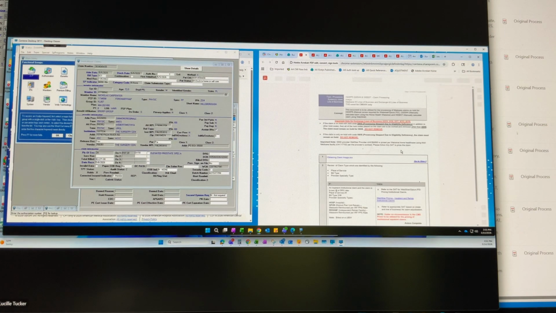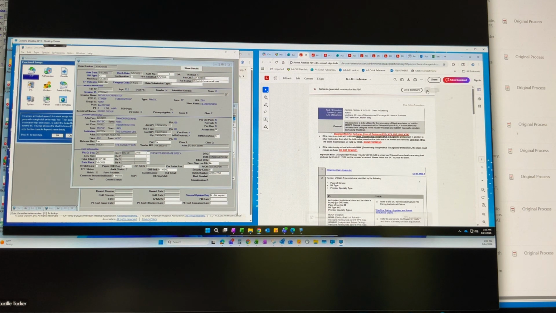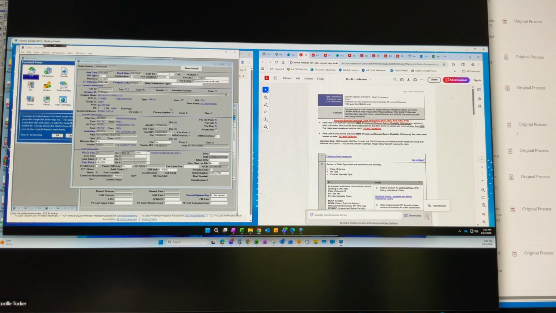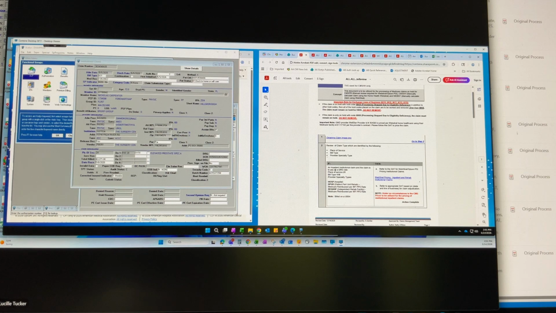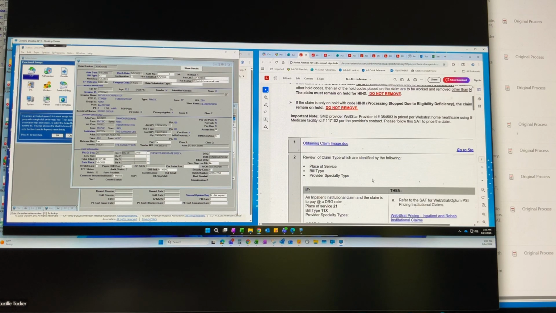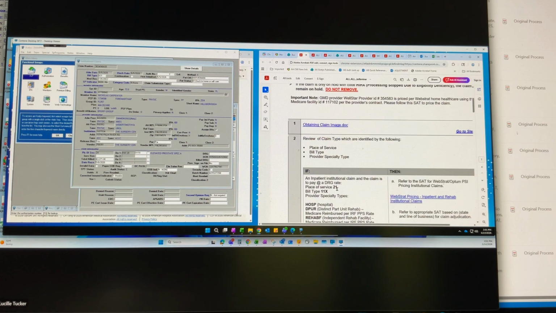So this is kind of your claims holder from Wbstrat. The thing with this one though is it doesn't tell you to use the ASC, but the ASC one is actually kind of the default one. But you can see if your place of service is 21, you would use the institutional or the rehab.